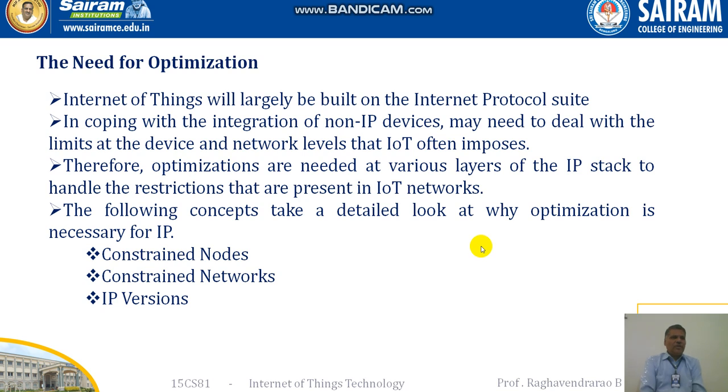What is the need for optimization basically? Why do we go for optimization? So here the Internet of Things will largely be built on the Internet protocol suite. In coping with the integration of non-IP devices, we need to deal with the limits at the device and network levels that IoT often imposes.